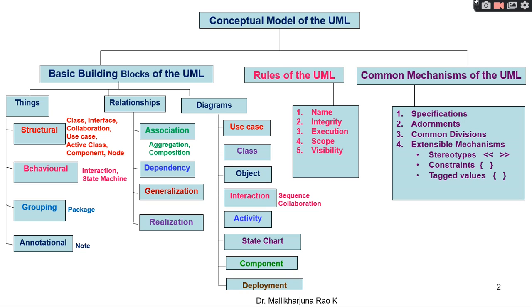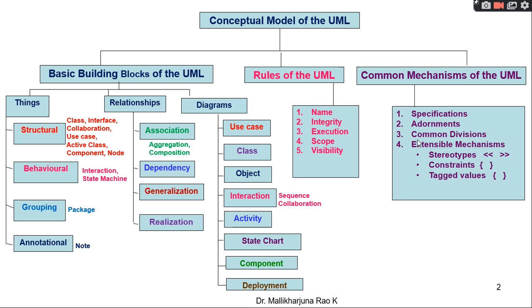We have to define the software in terms of textual notations, specifications, using the globally accepted language called English. Then adornments. These textual notations are converted into pictorial notations. We will learn that in coming videos using these basic building blocks of the UML and rules of the UML.